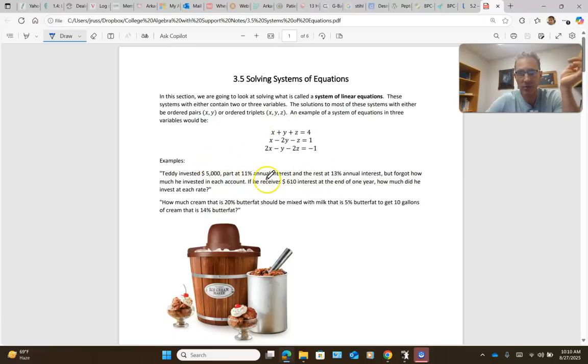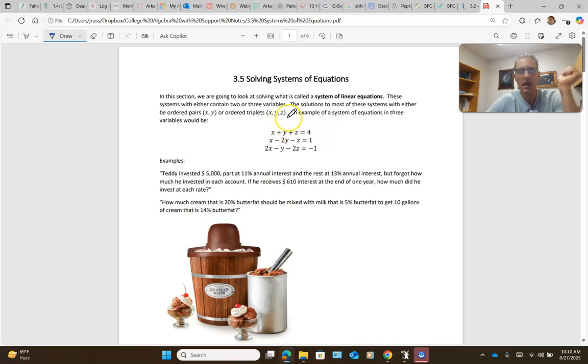So they'll just give us a word problem like this. We'll have to construct the system and then solve it. And so sometimes that might require moving some terms around. So in our system, we want to make sure all of our variable terms are on the left-hand side, and then all of our constant terms are on the right-hand side. And once we've done that, we can proceed to solve it.